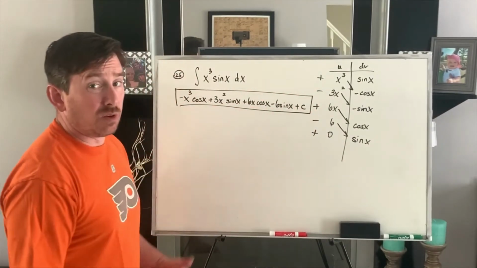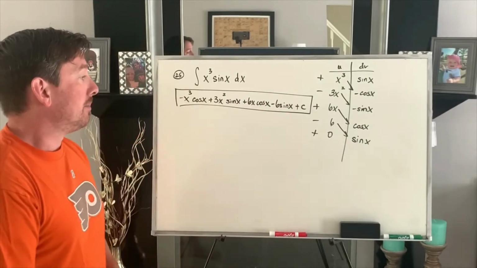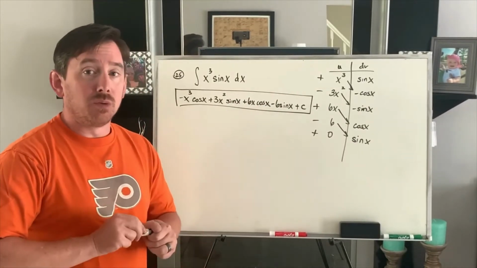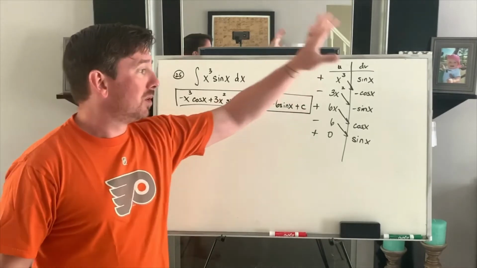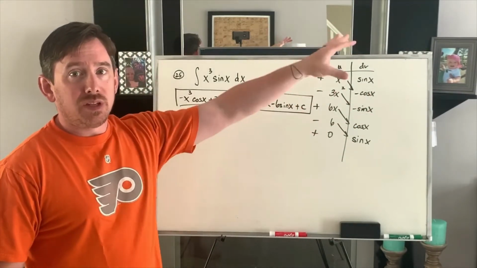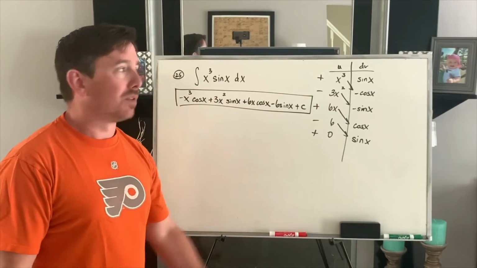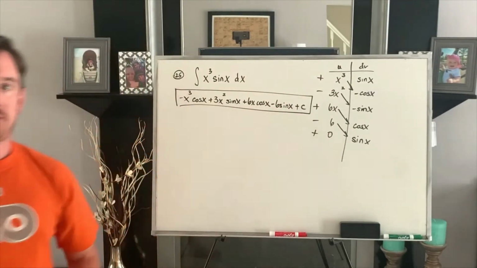That's it. It's easy. If you use the tabular method, problems like that are really, really easy. If you haven't practiced the tabular method, you want to do that because you definitely don't want to be off on the side doing parts with u, du, v, and dv 4 or 5 different times. It's not worth it. Learn the tabular method.